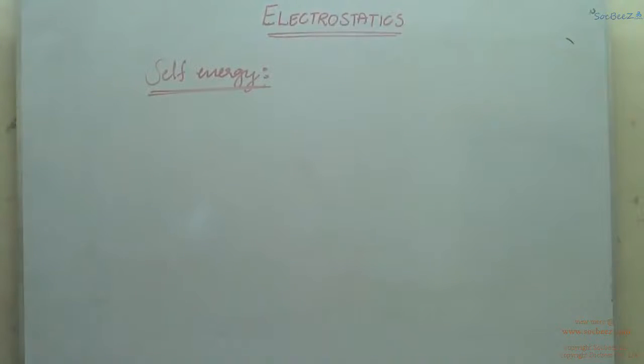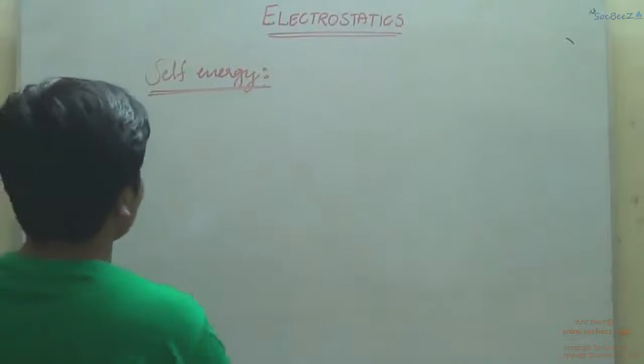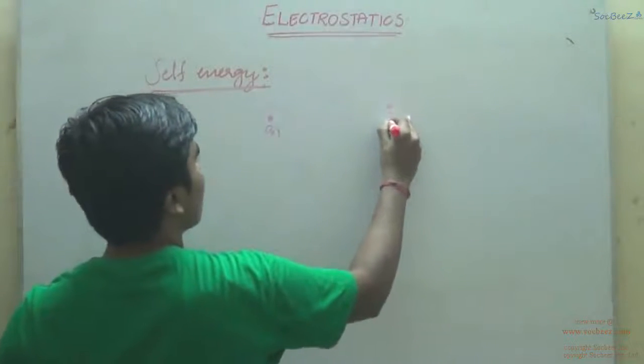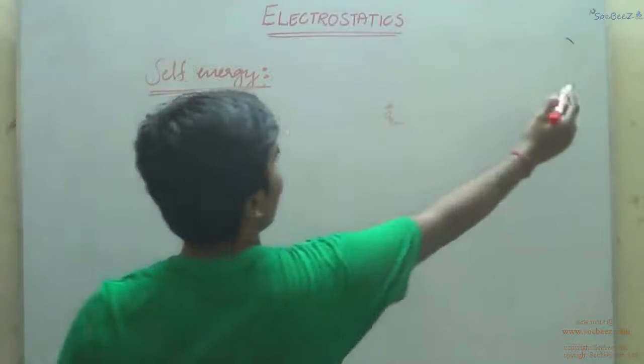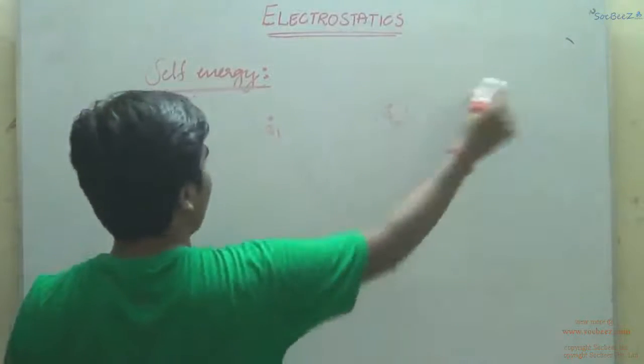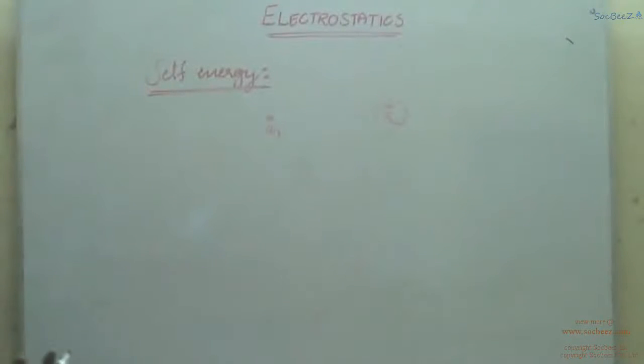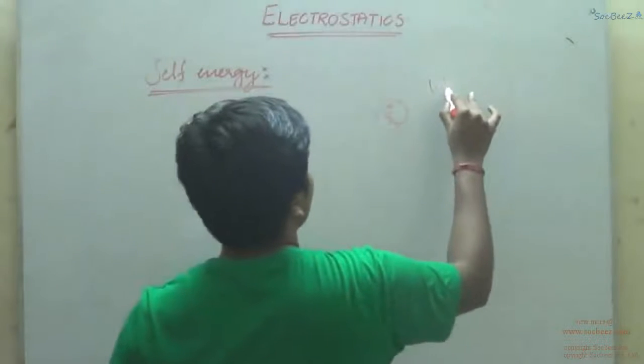So what did we say earlier? We said that if there are two charges, Q1 and Q2, the work done to bring this charge from infinity in the presence of this charge is equal to the potential energy of the system. But actually it is not. It is only called the interaction energy.